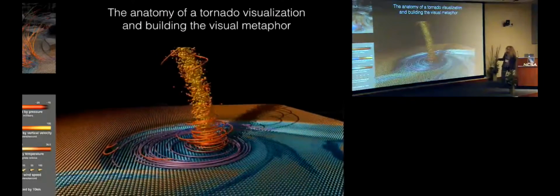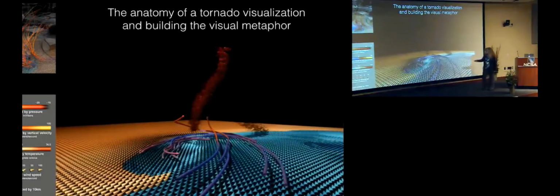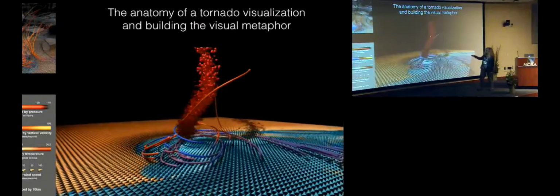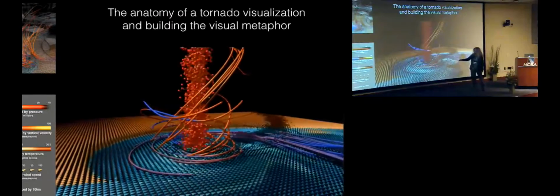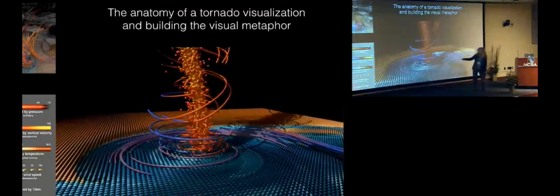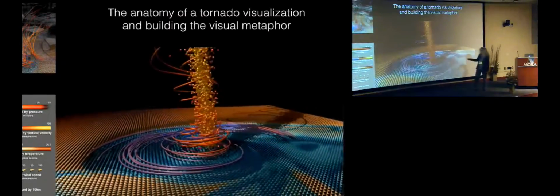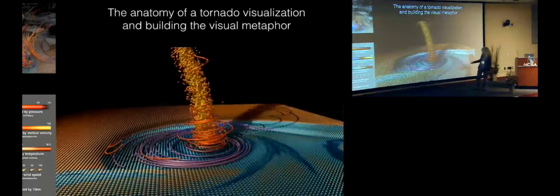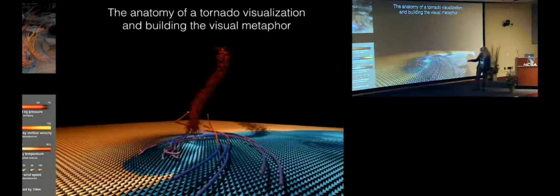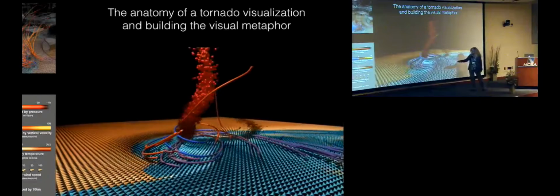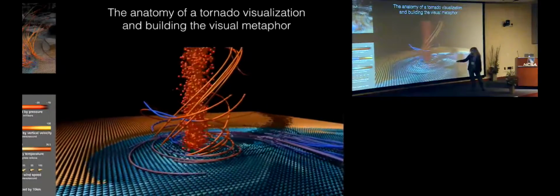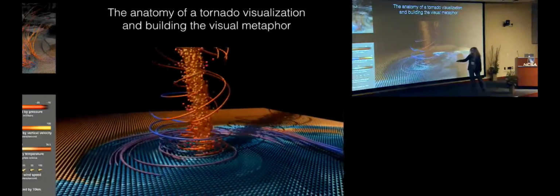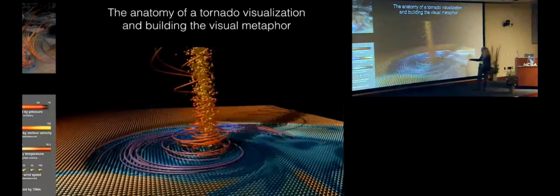Here we have a tornado, and the spheres themselves are colored by pressure. So the higher the pressure, the redder the color of the spheres. And the geometry that shows the flow around the tornado is being colored by vertical velocity. So the stream tubes that are the lighter blue have the lower velocity.